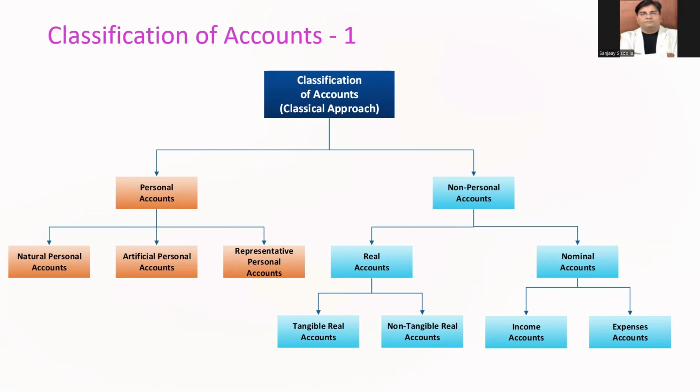Then the third category is representative personal account. The representative personal accounts are those accounts which are representing a person, like in a sole proprietary kind of business setup or a partnership kind of business setup.